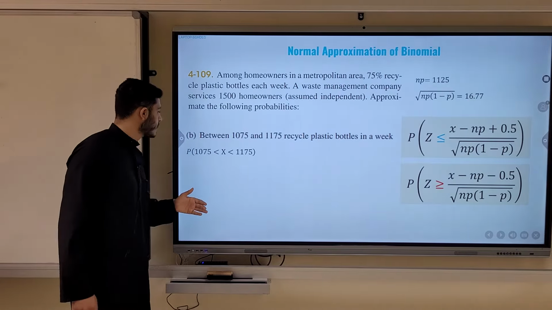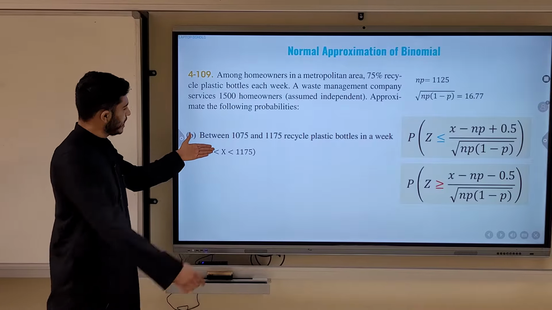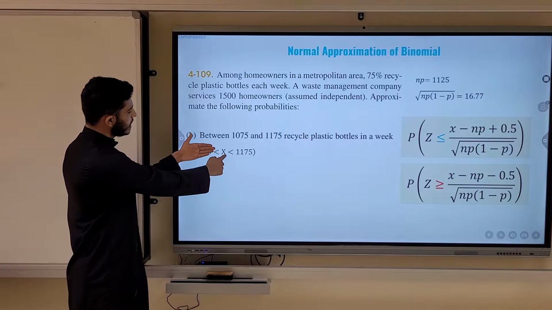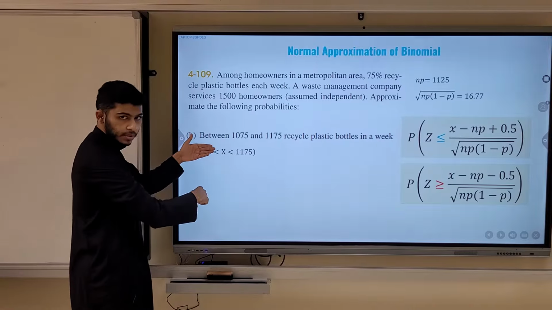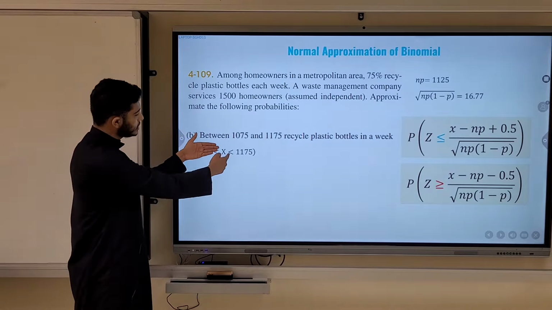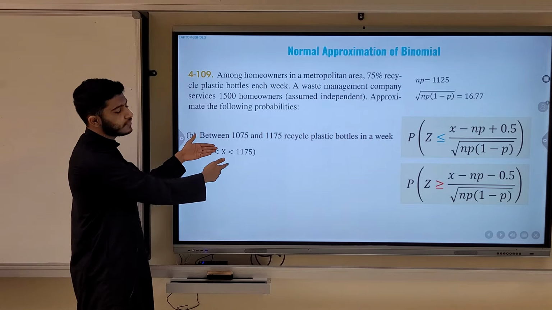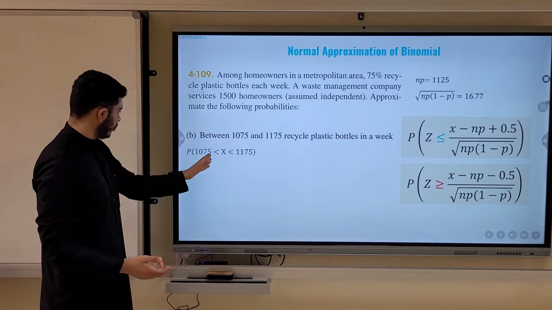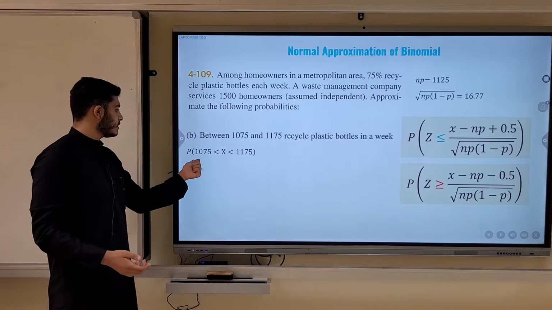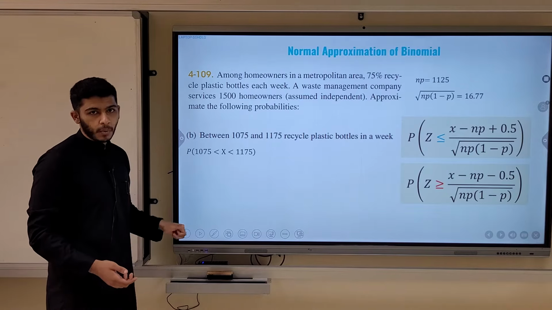It's very simple. Let's ignore this part to begin with and only deal with this one. What is less than 1,175 by one increment? It is 1,174. For this other one, it's going to be x greater than this number. What is greater than this number by one increment?